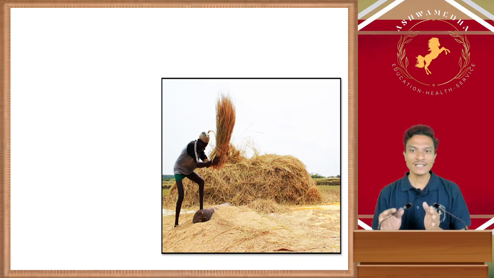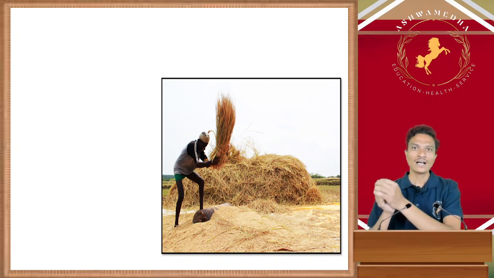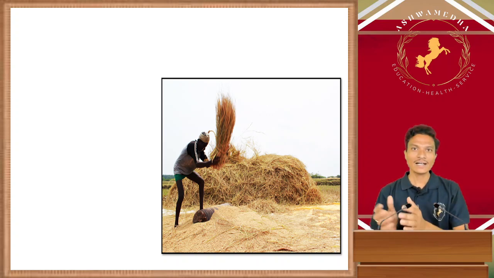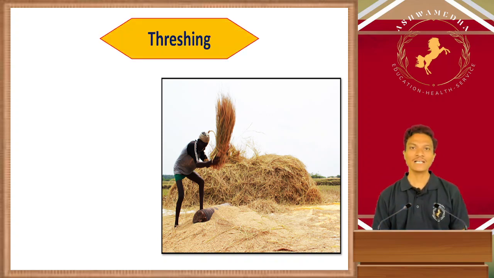Here, the farmer is separating the grains from the stalks. When he beats the stalks to the ground, automatically the grains are falling down to the ground and getting separated from the stalks. So, this method itself is simply called threshing.